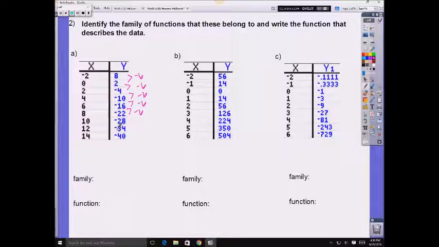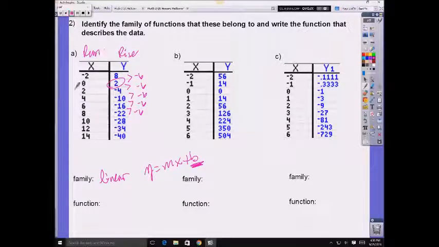So A is linear. And since it's linear, it is y equals mx plus b. B is at the beginning. B is 2. And m is, this is my rise, and this is my run.